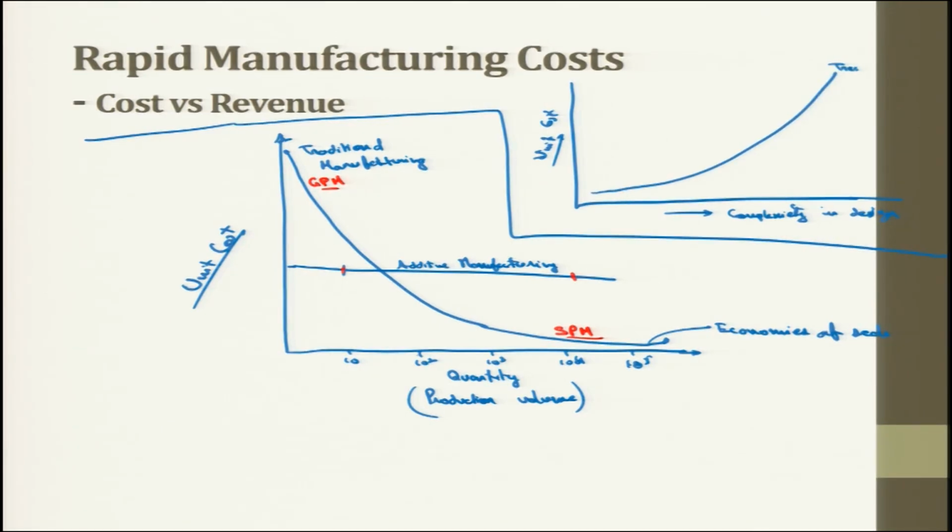So this is traditional manufacturing. In additive manufacturing, again the line is like this, a little change but the slope is too low. With high complexity, because we have an additive manufacturing system, the cost would rise only a little, and we can say the complexity is almost for free.